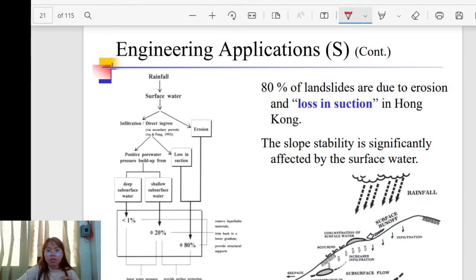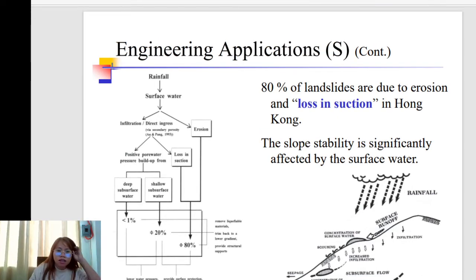There is infiltration or direct ingress, and there is also erosion. So if you try to look at this chart, this infiltration will have positive pore water pressure built up from deep subsurface water and shallow subsurface water. Meaning, the deep subsurface water, as you can see, is less than 1%.